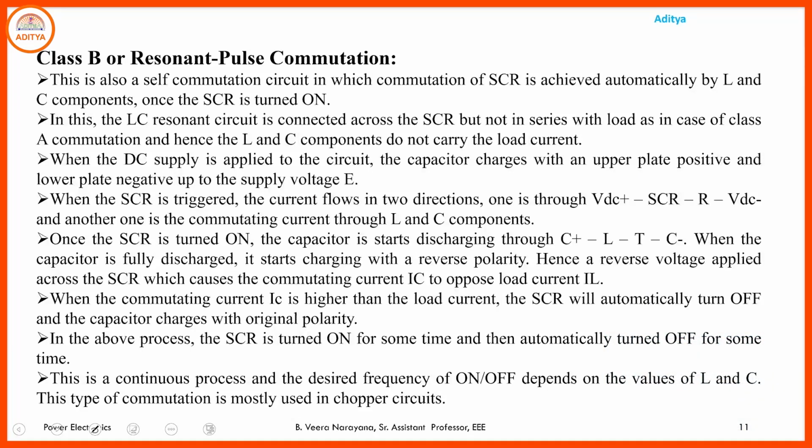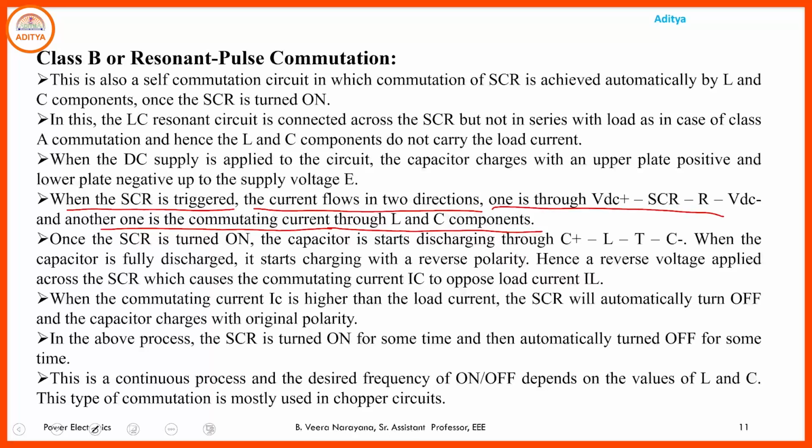So when the SCR is triggered, the current flows in two directions: one through VDC, SCR, R and VDC minus, and another is the commutating current through the inductor and capacitor components.